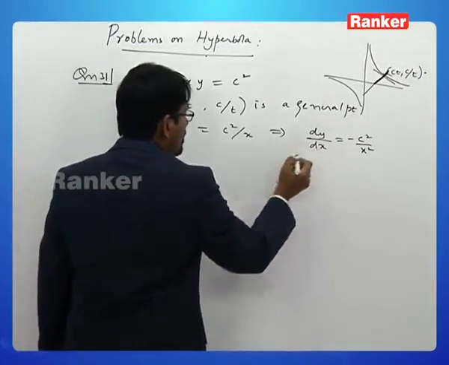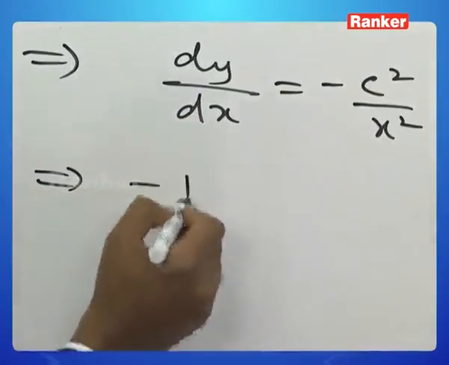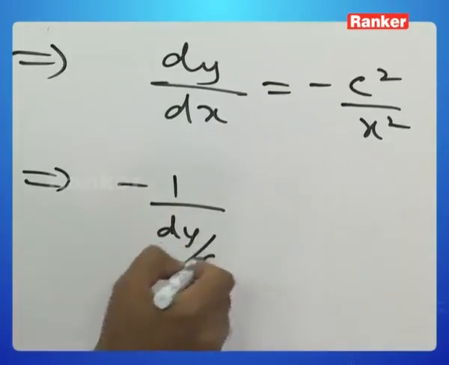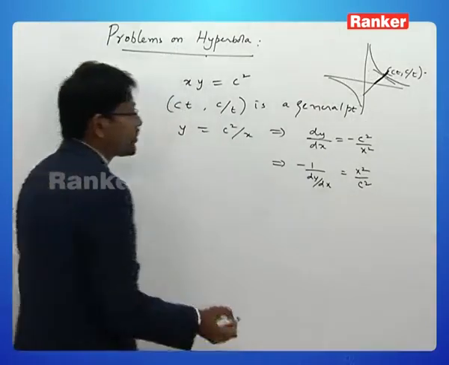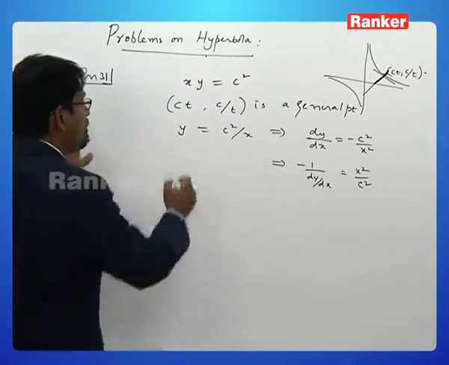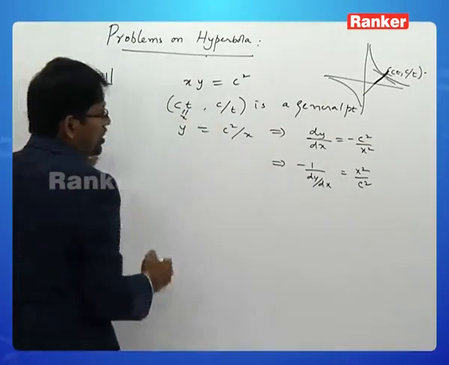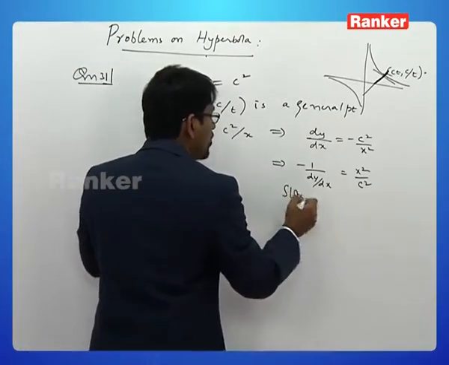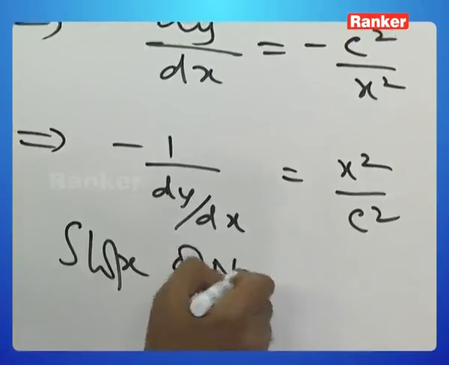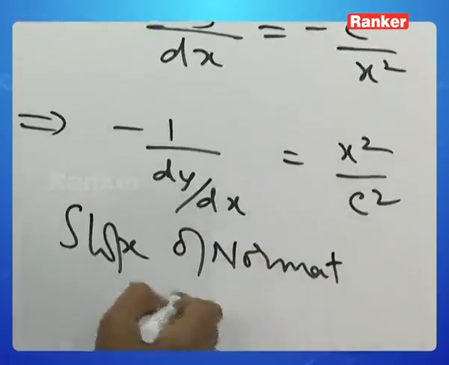Now this is the slope of the tangent. What we want is minus 1 by dy by dx. That gives us x square by c square. This is the slope of the normal. But at what point are we interested in finding the slope?